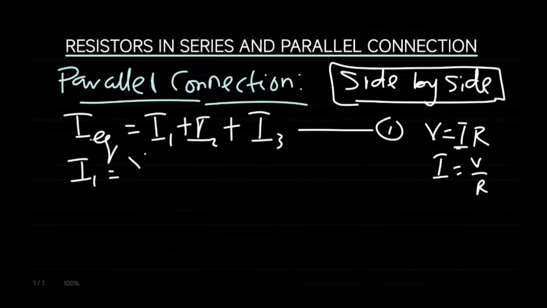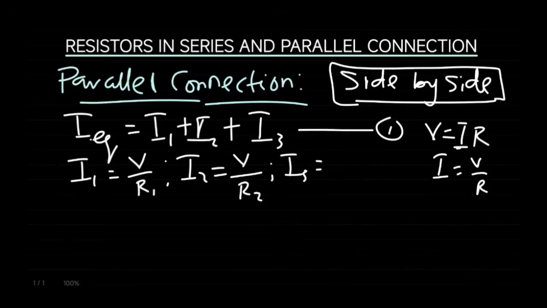My I1 will be V all over R1. Recall that V, which is the potential difference, is the same in each of the resistors. And I2 is equal to V all over R2, and I3 is equal to V all over R3.